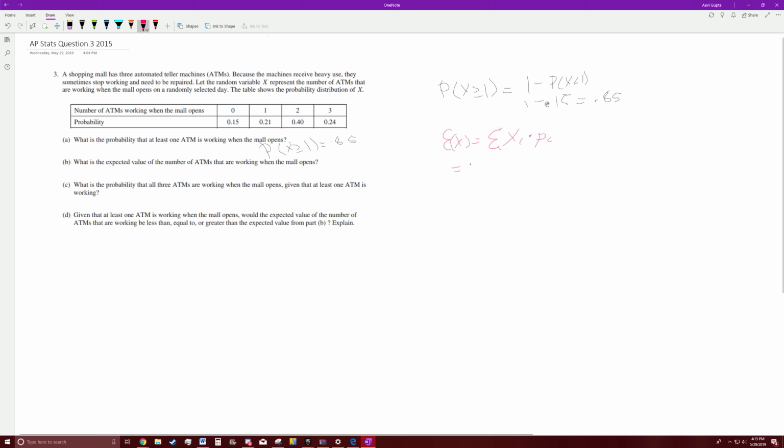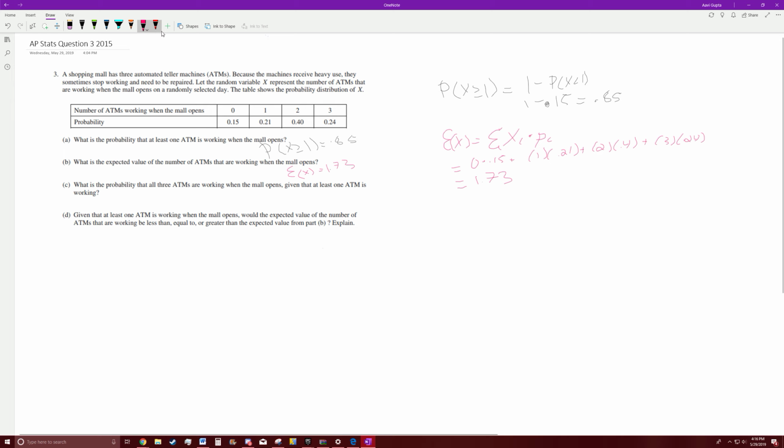So this is simply equal to 0 times 0.15 plus 1 times 0.21 plus 2 times 0.4 plus 3 times 0.24. And this summation is equal to 1.73. We're going to write E of x is equal to 1.73.